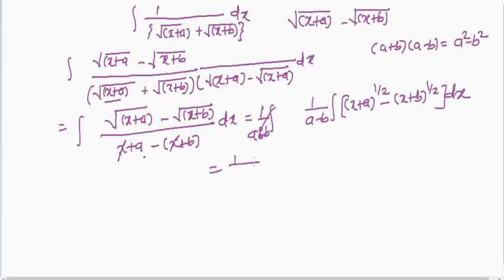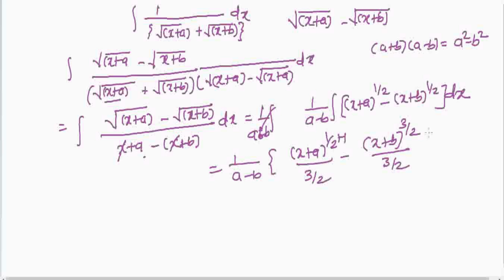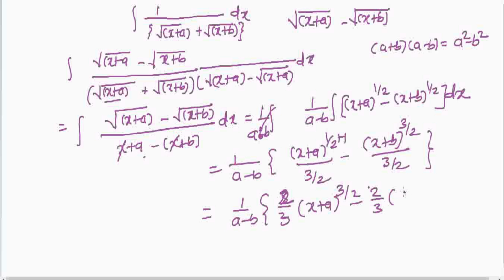and integration of this term is 1 divided by a minus b into x plus a whole raised to 1 by 2 plus 1, that will be 3 by 2, minus x plus b raised to 3 by 2, divided by 3 by 2, equal to 1 divided by a minus b into 2 divided by 3 into x plus a whole raised to 3 by 2 minus 2 divided by 3 x plus b whole raised to 3 by 2.